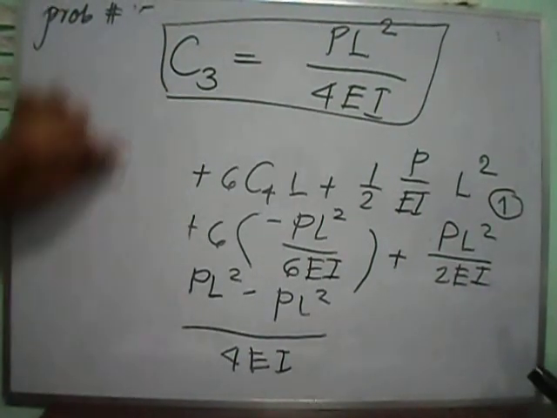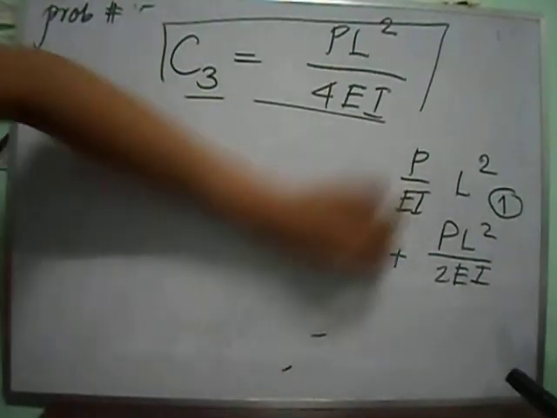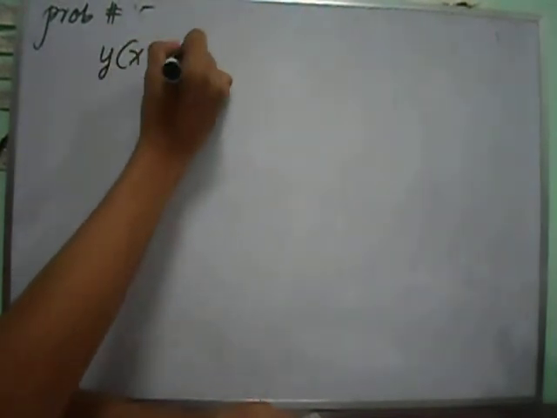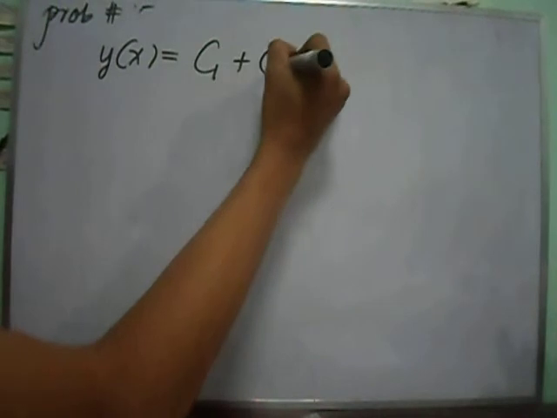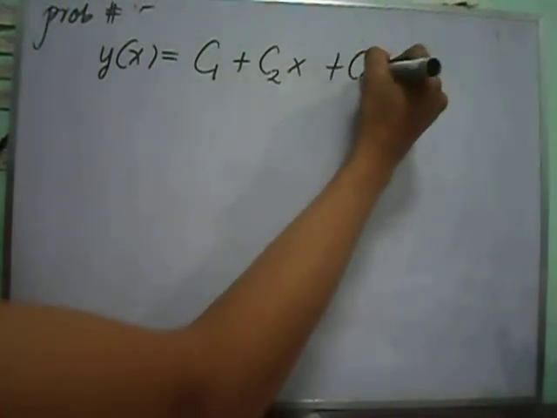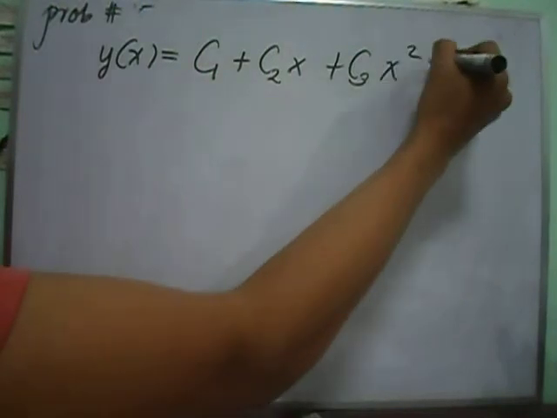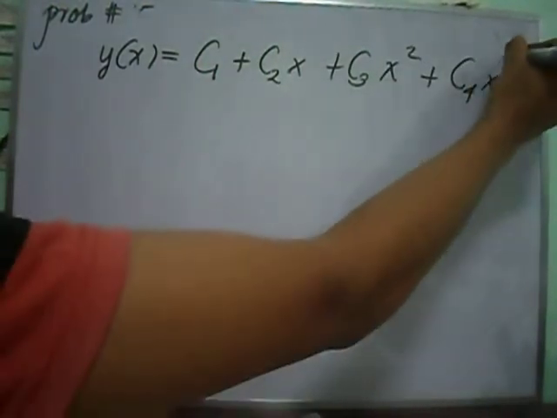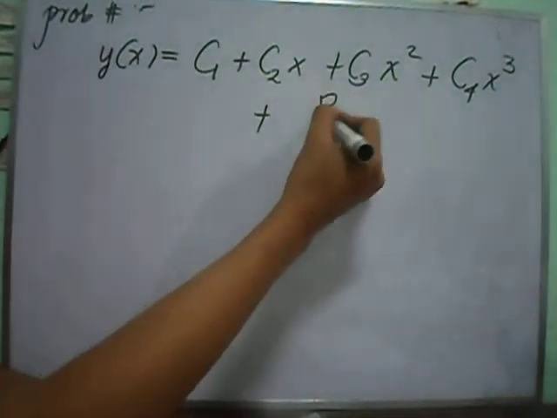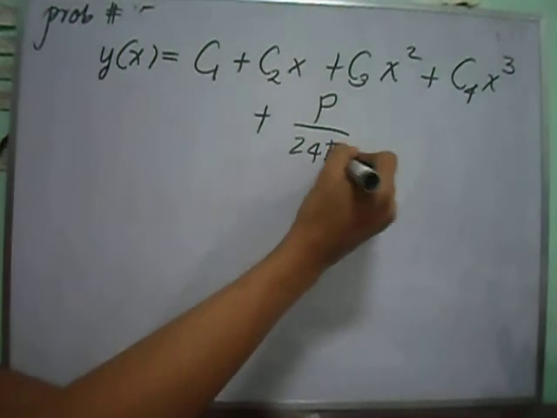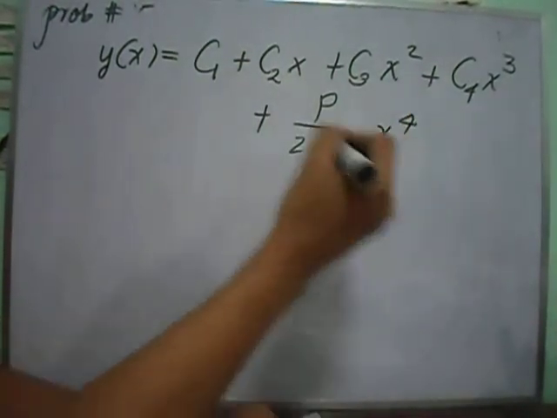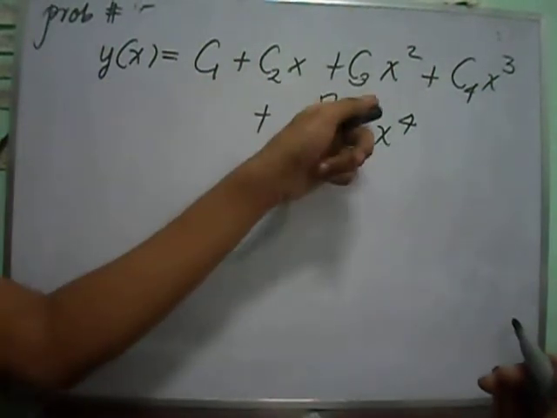Now summing up all the results and plugging the values of the 4 constants into the solution of the differential equation we've obtained, we will get the equation of the deflection of the cantilever beam subjected to force P, which originally we have as the solution y of x equals C1 plus C2x plus C3 x squared plus C4 x cubed plus P over 24 E times I x to the fourth. We have the values for C1, C2 to be equal to 0, and C3 and C4.